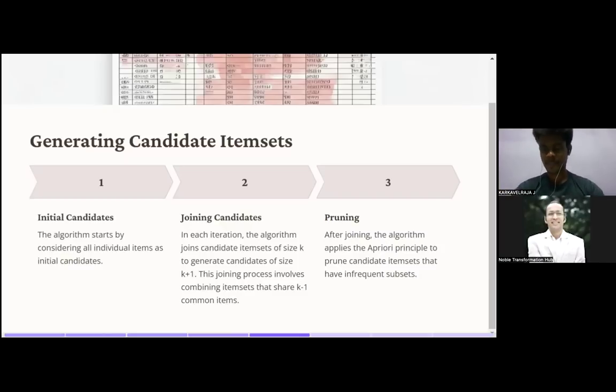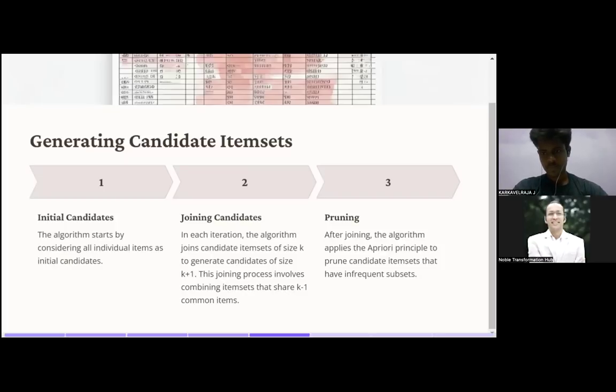We have learned about K-means clustering, so you understand what K is. This joining process involves combining item sets that share k minus 1 common items.